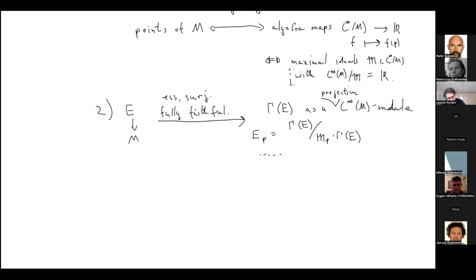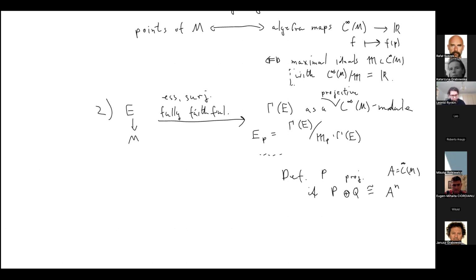So maybe a remark, a definition: P is projective if P plus Q is a free module, so if it's isomorphic to the algebra we are talking about, which in our case is smooth functions, to some power n.